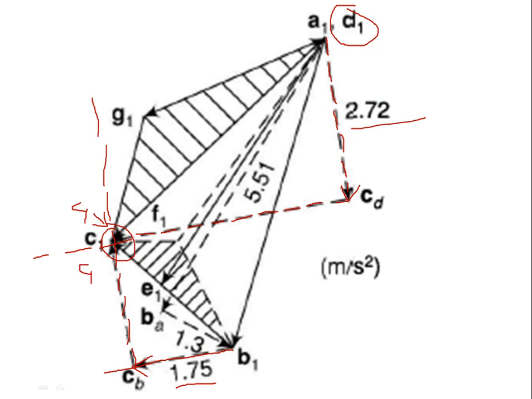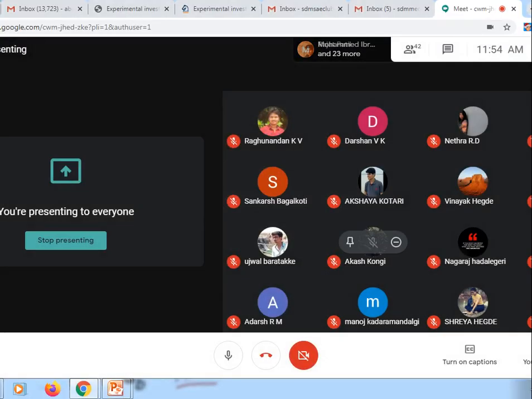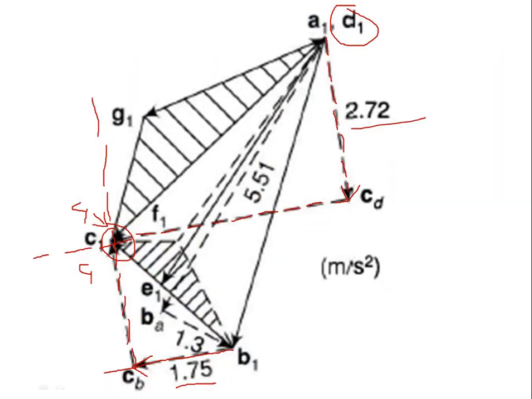Okay, so try this. How do you get the C1 point? First you have to move from B1 to CB, 1.75, and draw a straight line like this.